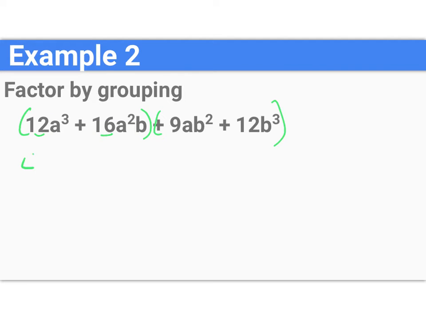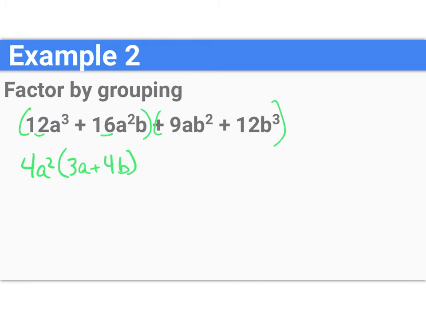So we can pull out a 4a squared and be left with 12 divided by 4 is 3a plus 4b. And if we distribute that 4a squared back inside, that's what we'll get.